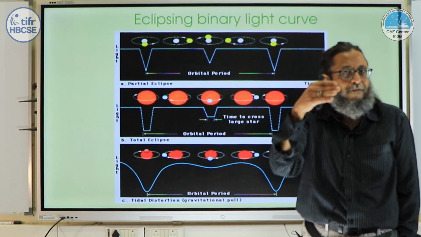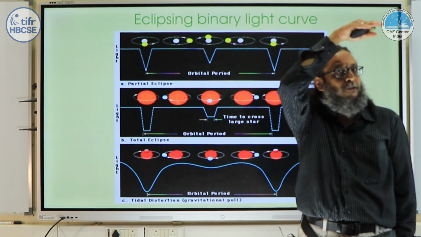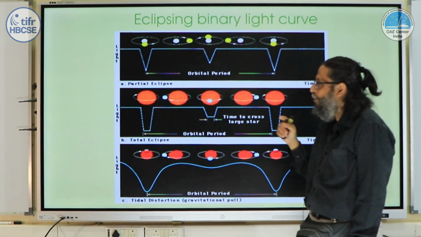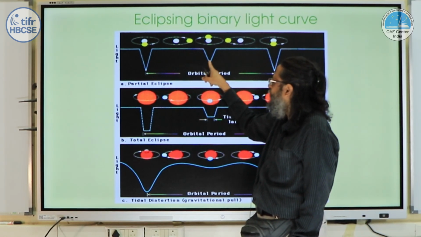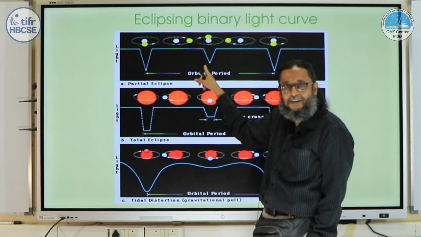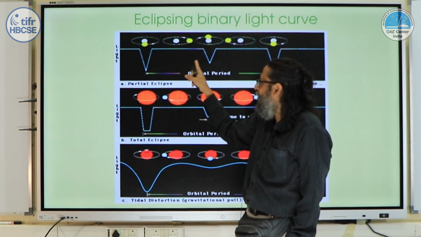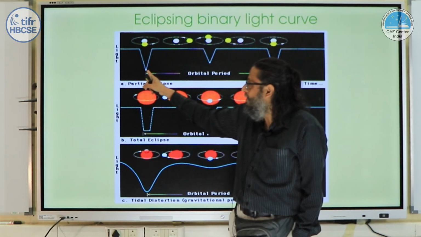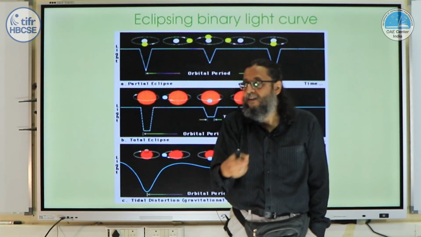And from the HR diagram, we know the relationship between the luminosity and the spectral type. Because the amount of light getting eclipsed is different here, we immediately know that the luminosities of the two stars are not the same. Here, the more luminous star is behind.